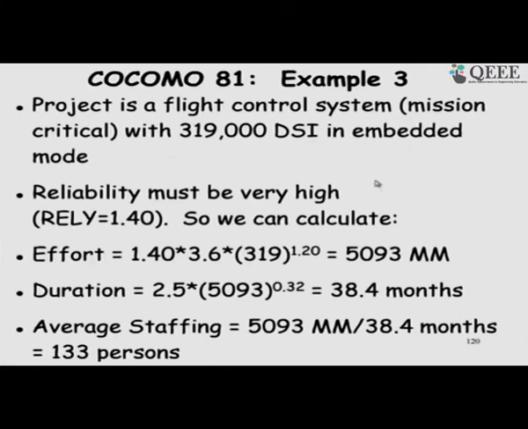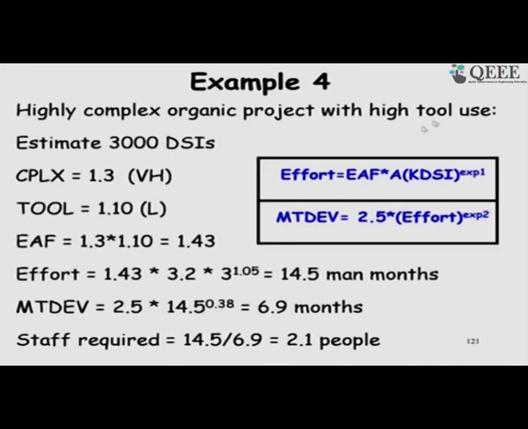So, there is another example. There is embedded software, a flight control system, 19 kilo lines of code, and then reliability is very high, and then we compute the effort, duration and the average staffing. Another example here.